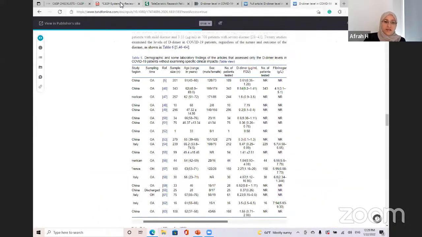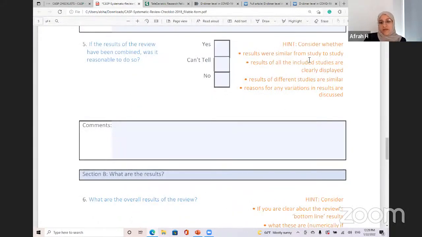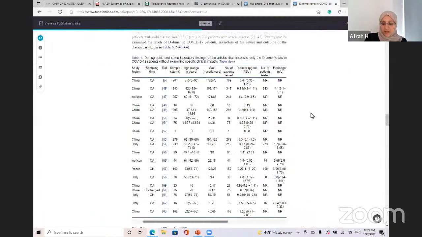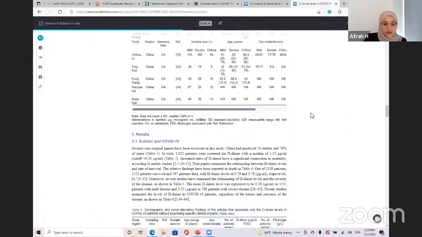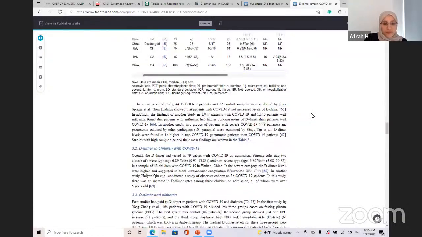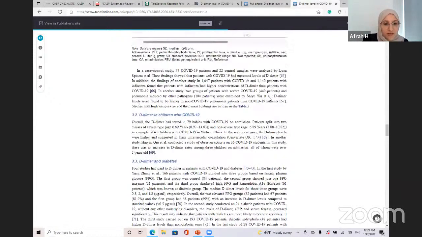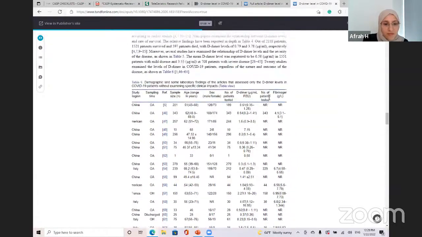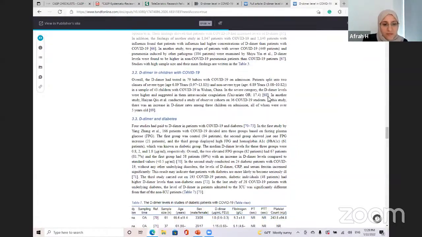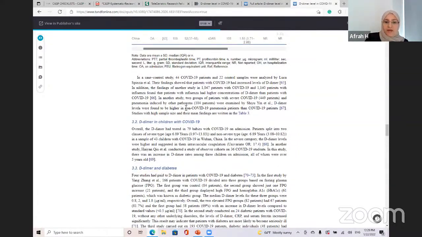Also, another thing, they say the results were similar from study to study. If we see here, I think in patients with diabetes, the results were different. The D-dimer was low, not high. The D-dimer was higher in non-COVID-19 pneumonia patients.